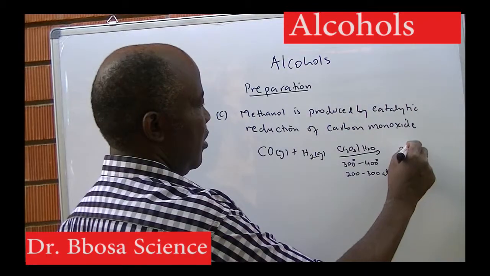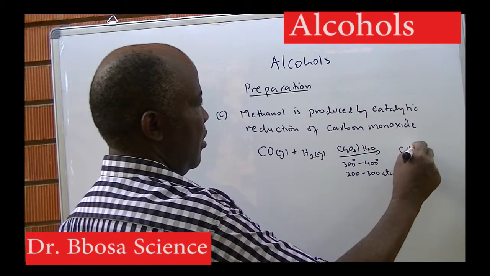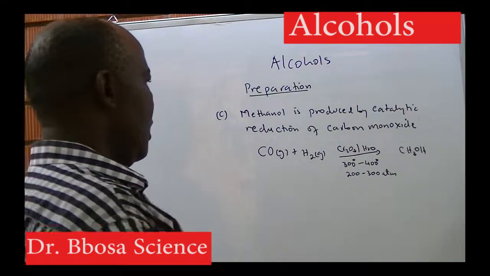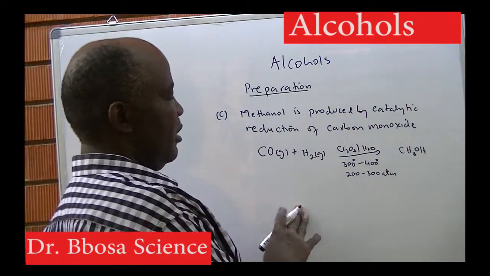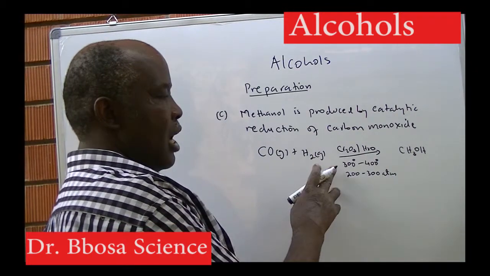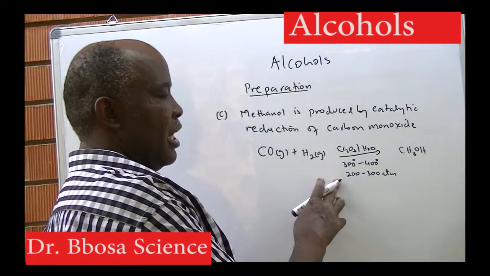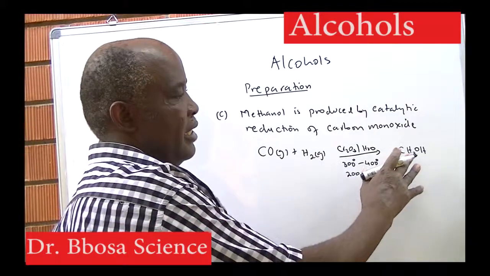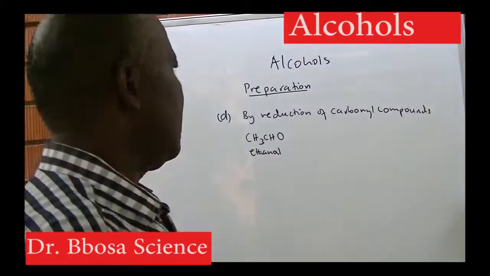So carbon monoxide plus hydrogen in the presence of chromium trioxide at 300 degrees Celsius and 200 atmospheres, you will get methanol.